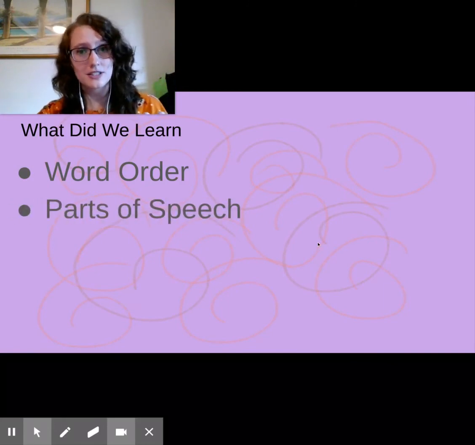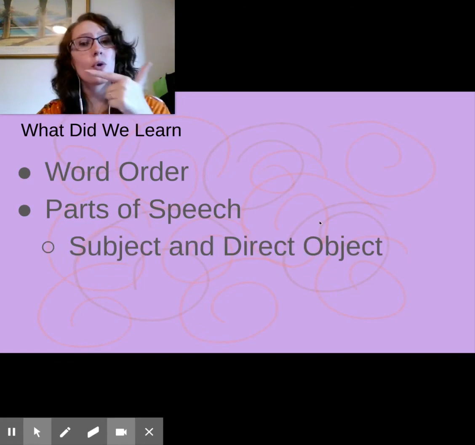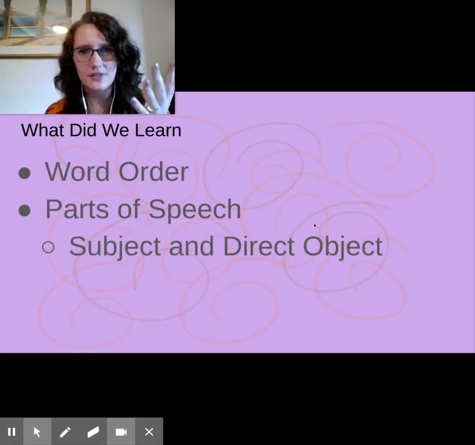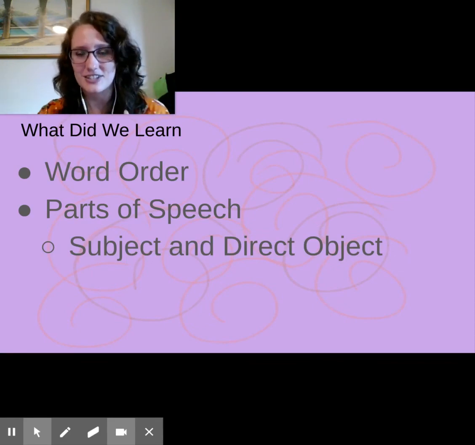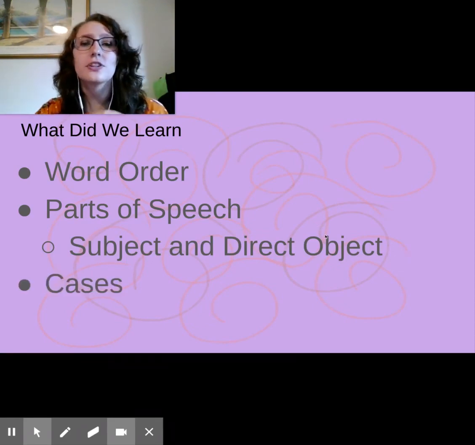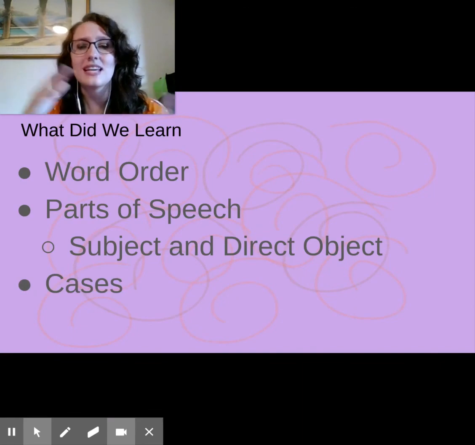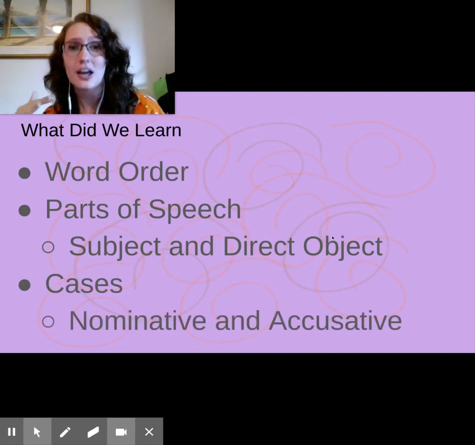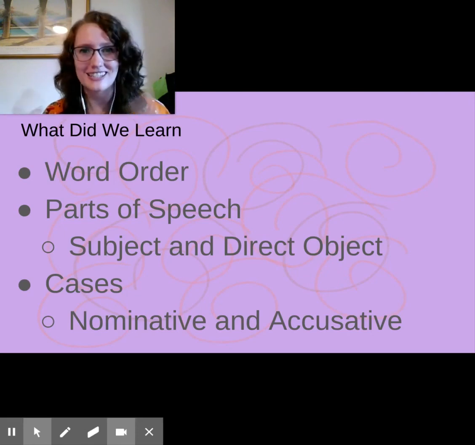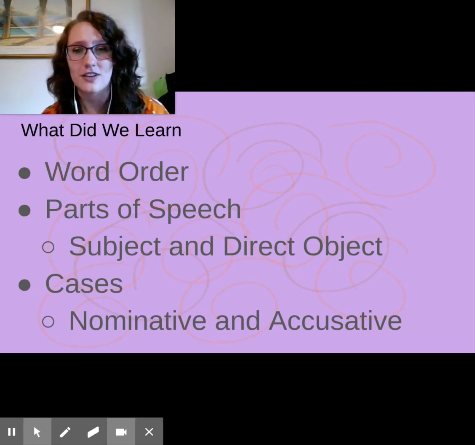So by part of speech, I mean either the subject or the direct object. The subject is the person doing the action, while the direct object is receiving the action. And we've learned the case names, or the names of the parts of speech that we refer to in Latin. So if we're talking about a subject, we're going to use the term nominative. And if we're talking about a direct object, we'll use the term accusative.